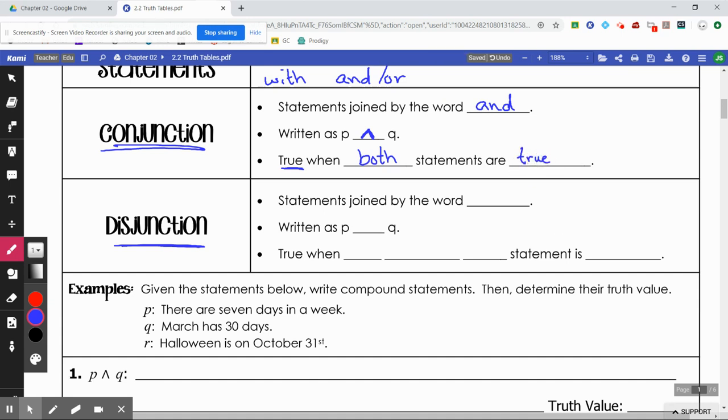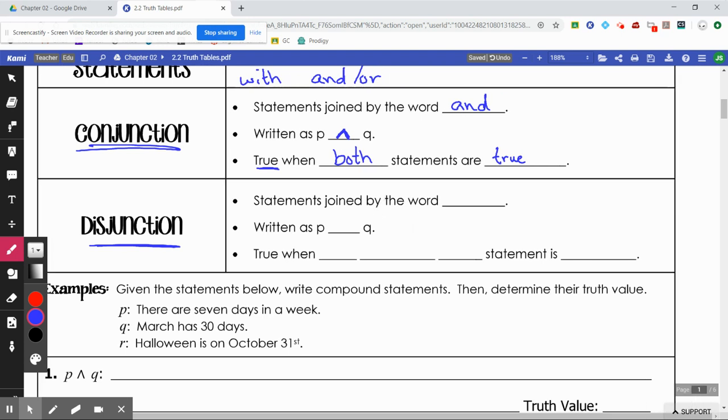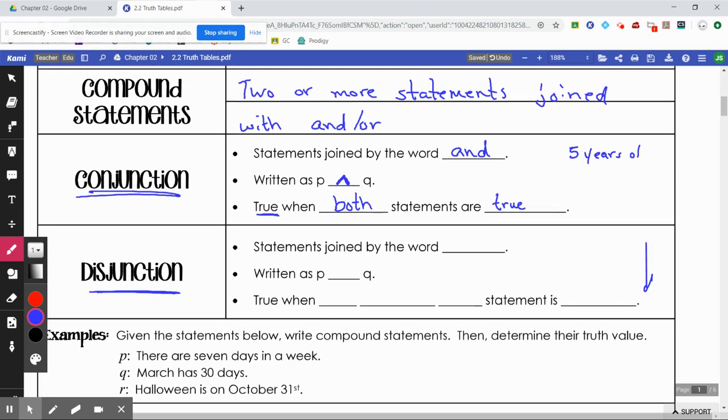Very, very easy to find some real life examples of this. I always like to use going to the fair and riding a ride. In order to ride a ride, let's say that you must be 5 years old and let's say 4 feet tall.